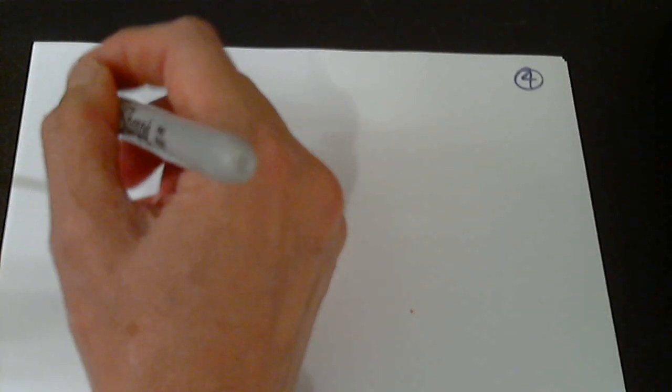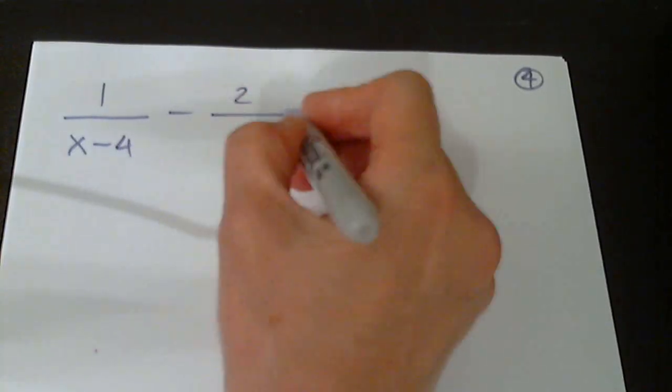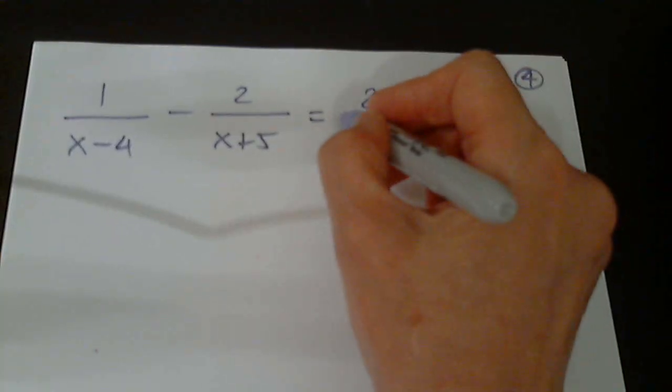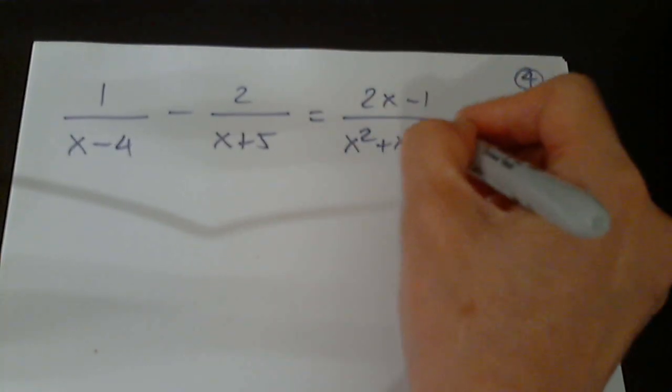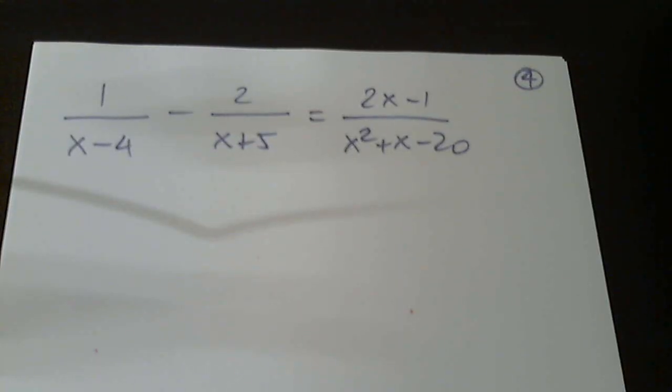They are not trivial by any means. 1 over x minus 4 minus 2 over x plus 5 equals 2x minus 1 over x squared plus x minus 20. And then we'll see if there is anything else interesting. If not, we'll move on.